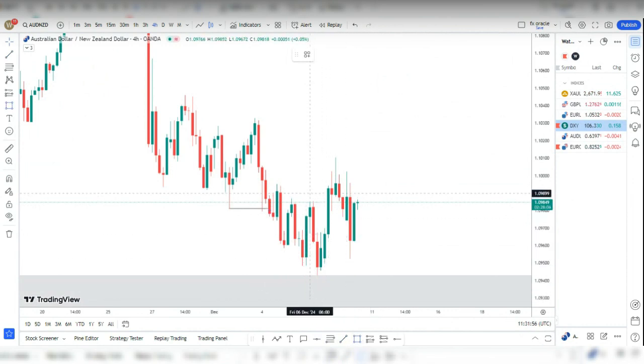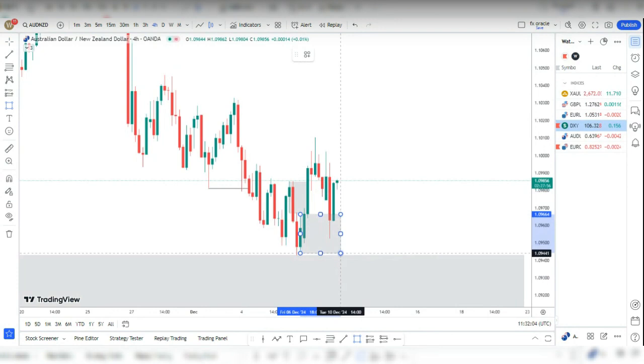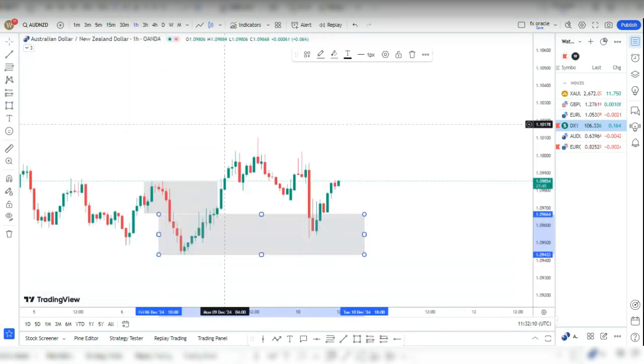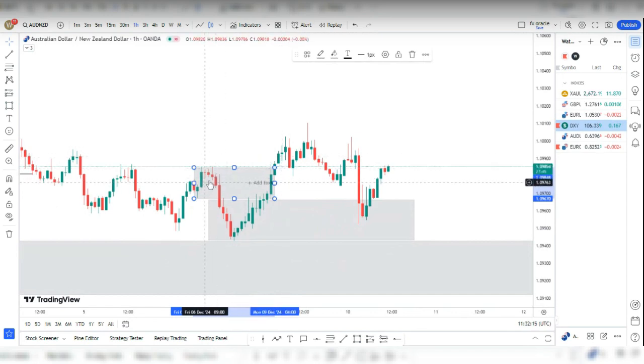Now price just took out this high, the supply, and the same thing is happening here: it has reacted to this demand. That's why we are having these buys. If I drop down to 1 hour, you see it very clearly. In fact, this supply could not even have a reaction. That's why price just took it out immediately, and now price pulled back down to mitigate the demand.